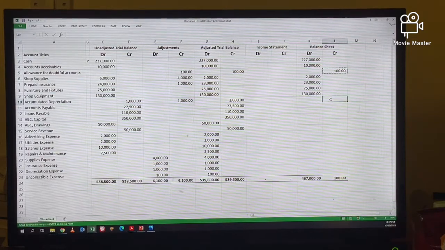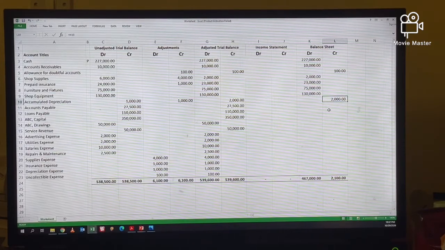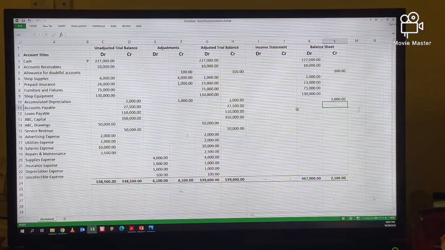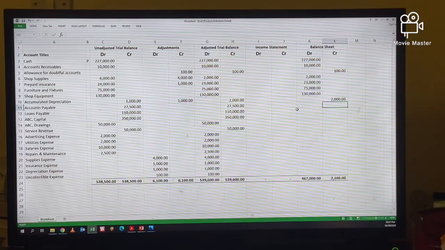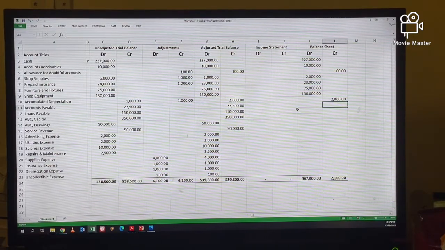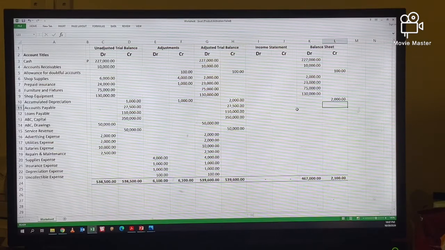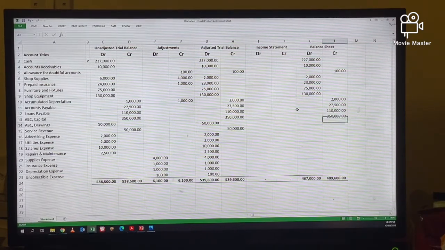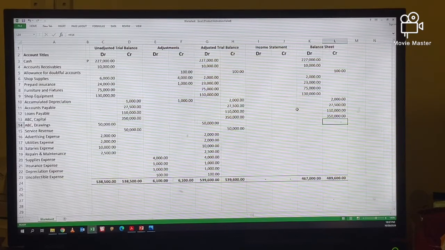Ibig sabihin, itong mga accounts na to ang mapupunta sa balance sheet mo. Okay? Ang tawag dito sa mga accounts na to, asset, liabilities, and equity, ito yung tinatawag na permanent accounts. Yun namang income statement accounts mo.